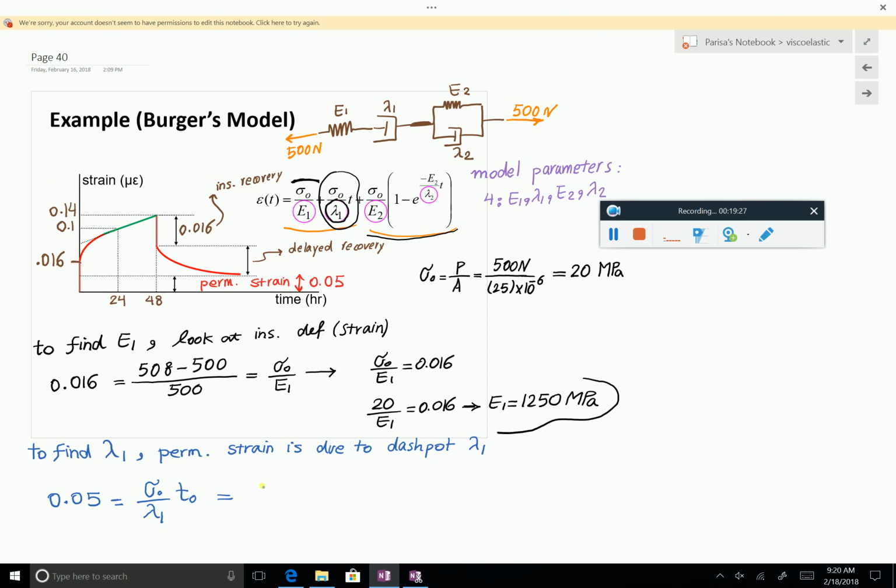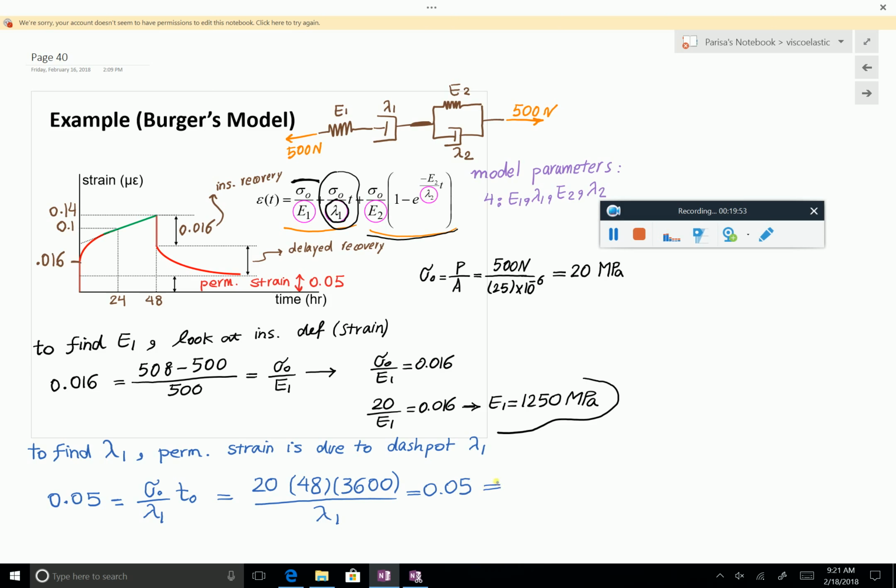We know that sigma 0 is 20, t0 is the total, 48 hours, so we turn it into seconds, over lambda 1 is going to be 0.05.